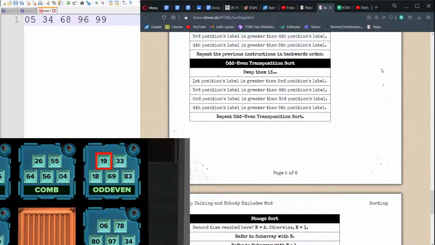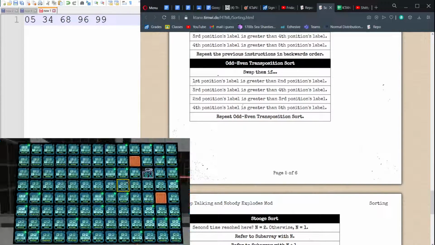So then 1 and 2. Then 3 and 4. And if that hadn't been sorted for some reason, we continue on with 2 and 3, and then 4 and 5. And let's find another one of that. Odd even, yep.